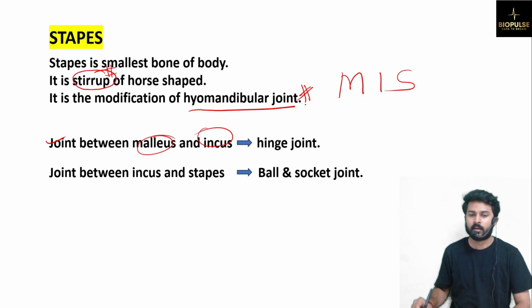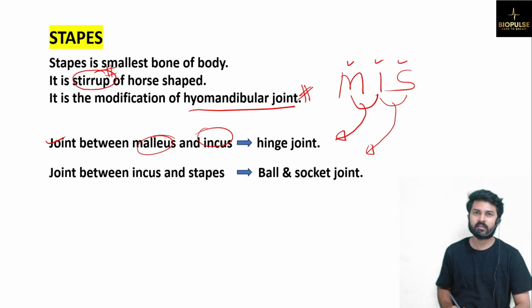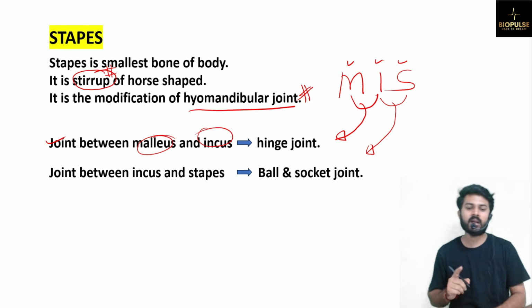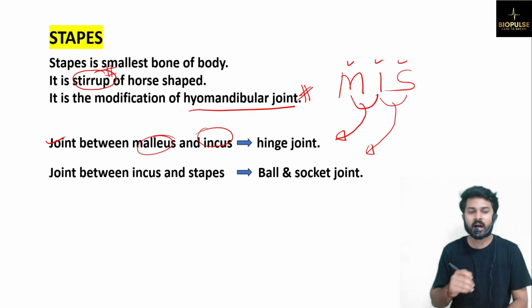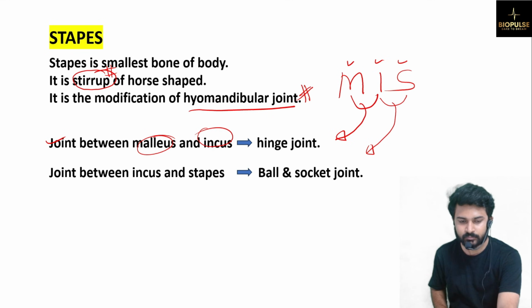You can remember this as MIS. Between malleus and incus, what joint is present? Hinge joint. Between incus and stapes, what is present? Ball and socket joint. I'll tell you what a hinge joint and a ball and socket joint is after some time.